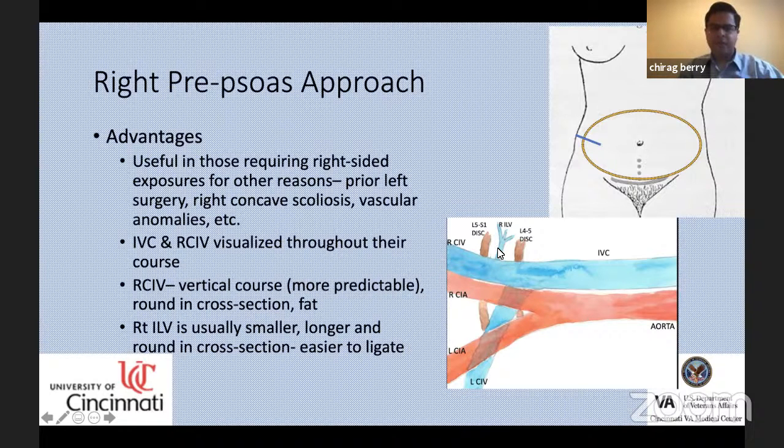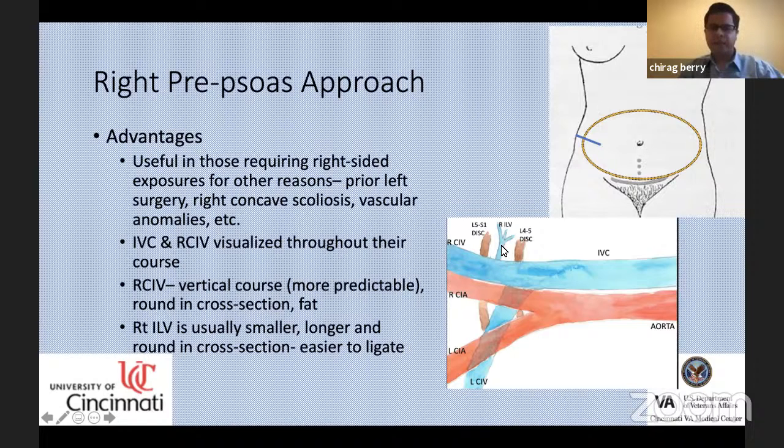And lastly, the right iliolumbar vein tends to be a little longer and narrower in caliber, so it's easier to ligate. You want to ligate far away from your large vessel, because if it's too close, sometimes with the negative pressure, the stump can get stuck and you might need a purse string suture around it. You want that length in the iliolumbar vein to ligate safely.